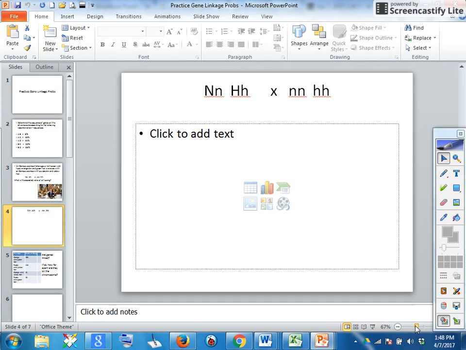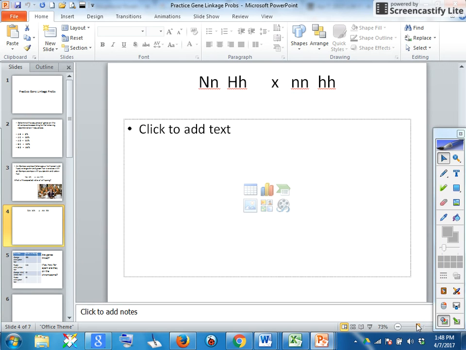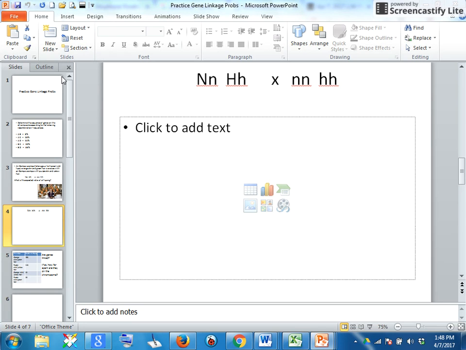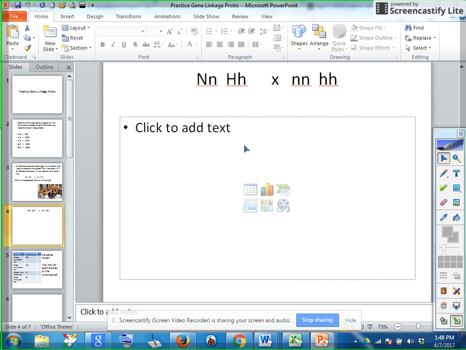So let's do a little genetic problem and see what the odds are if we did indeed do this cross. So we take big N, little n, big H, little h.